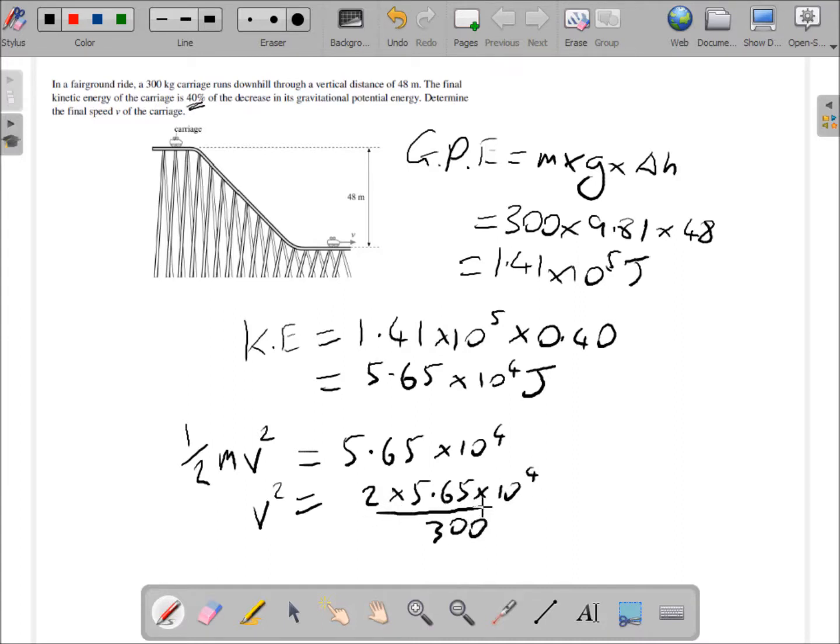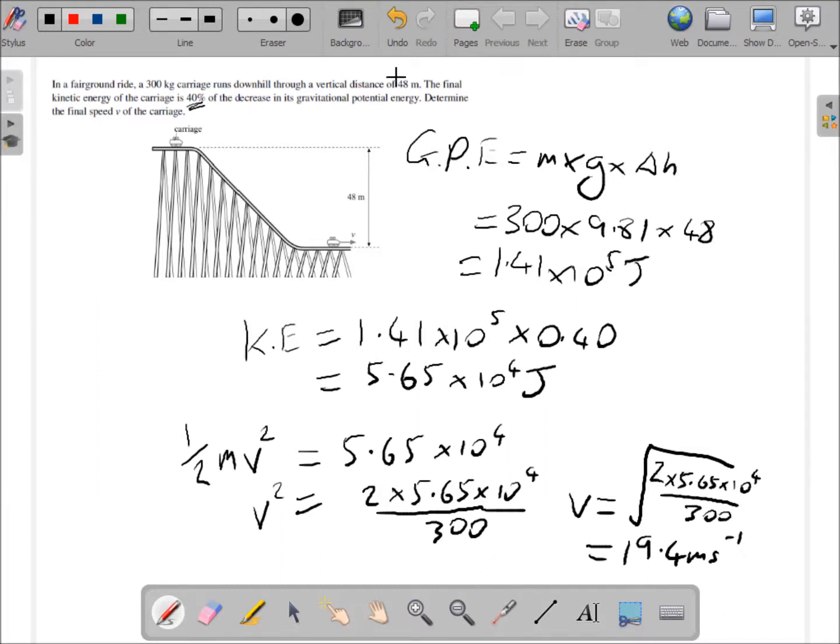We've divided both sides by 300 to get rid of the mass. So v squared equals that, which leaves v equaling the square root of that, divided by 300. So our final velocity will be approximately 9.4 meters per second.